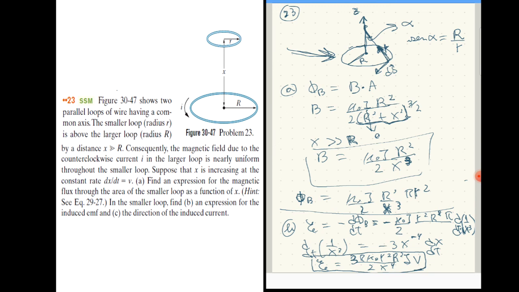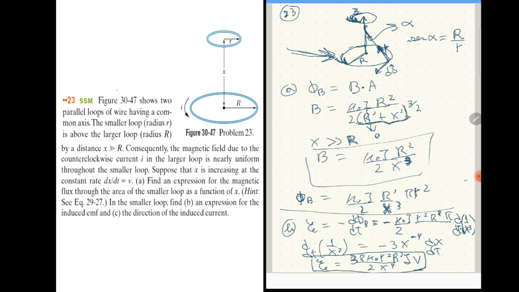So if you have a little coil here, the current will be in this direction, the counterclockwise direction. And the current right here is in the same direction.